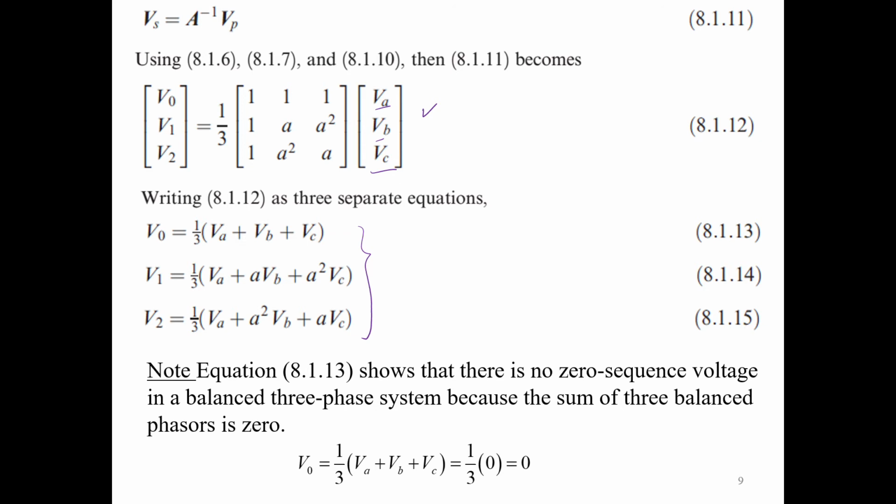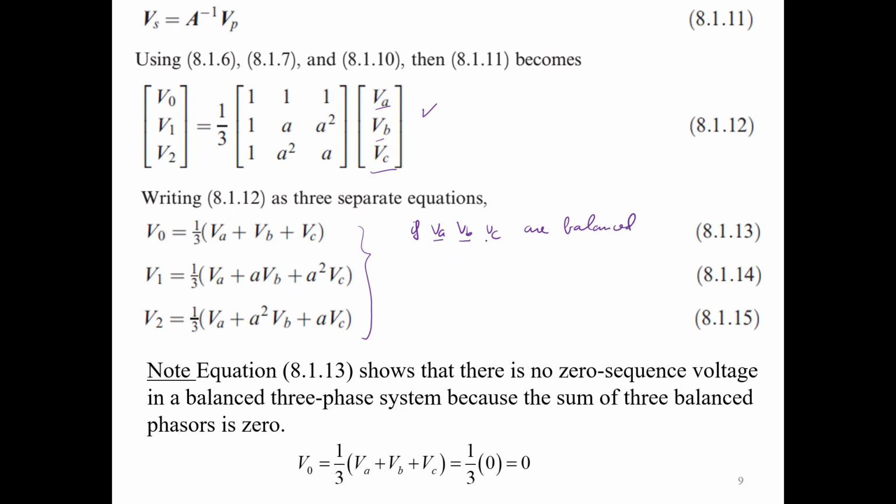So now you can draw some observation based on what we have learned earlier. If VA, VB, and VC are balanced, what would happen?